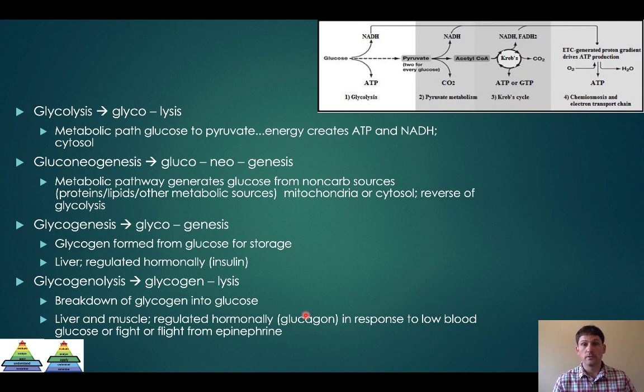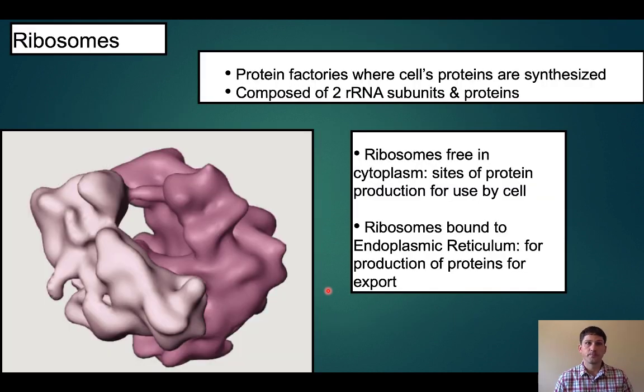Okay, and so glucagon is released from our pancreatic islets, from our alpha cells, and when our blood sugar is too low, we release that glucagon, and that's going to take that stored glycogen and create glucose for our bodies. So make sure you have a good understanding of these four terms. You'll see this a lot in this class. We'll be talking a little bit about this here, and then you'll also see it again in 202.